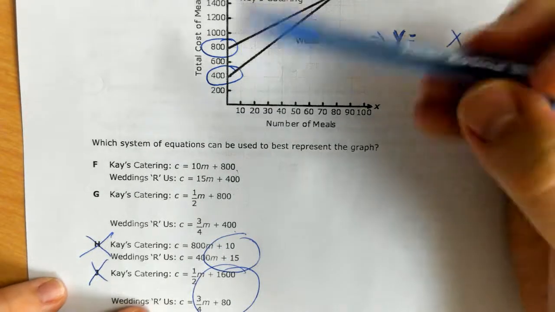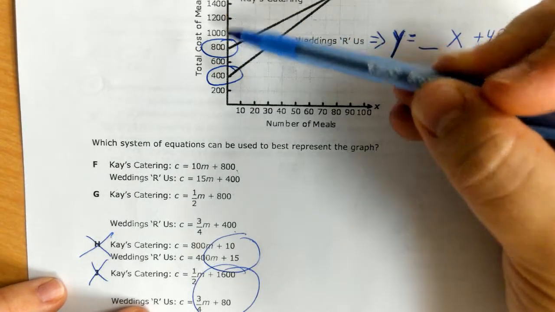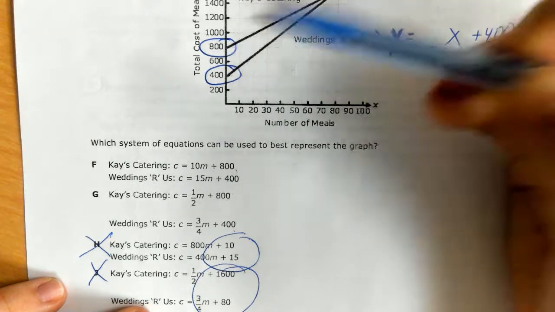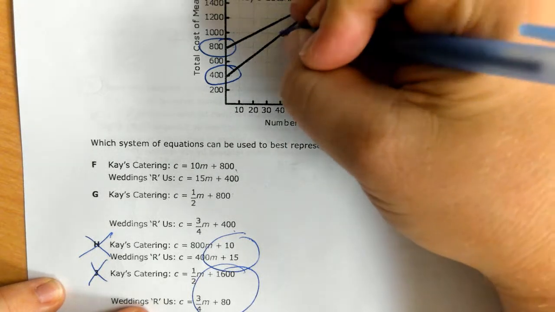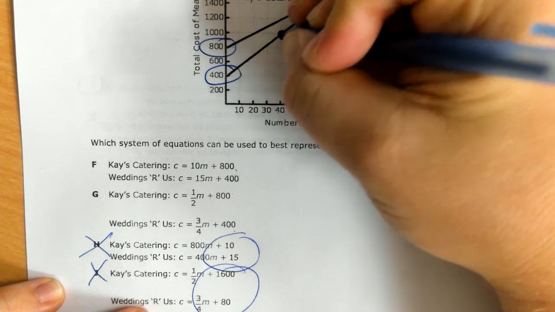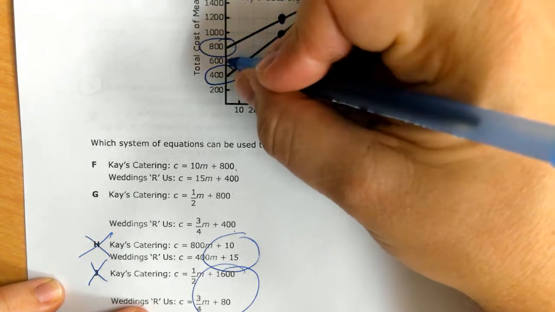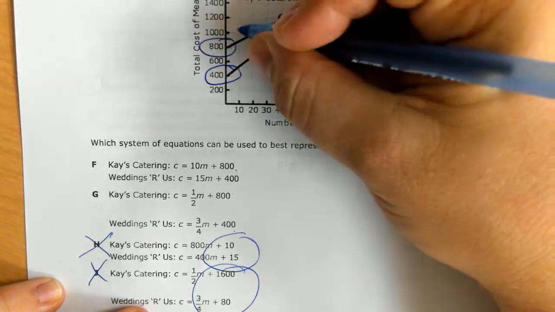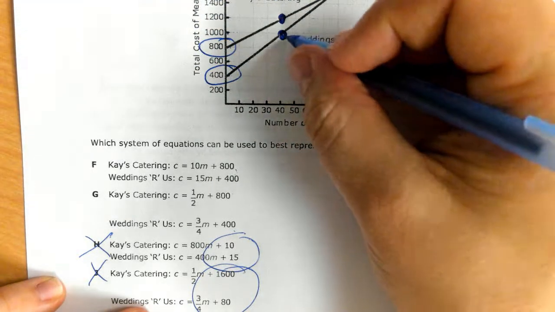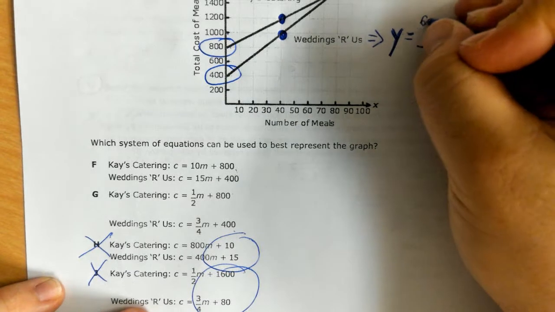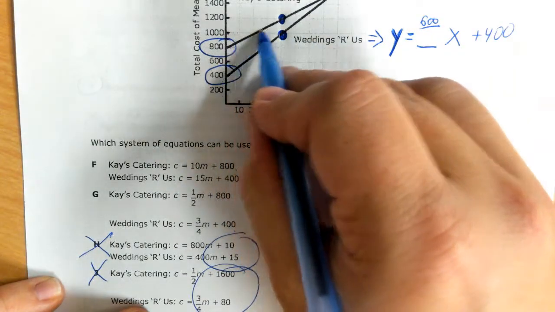Now I need slope. Now notice this is counting by 200s. 200, 400, 600. So I need to find a point where it hits up exactly. 200, 400, 600. Which one is this? Weddings? 600 over 10, 20, 30, 40.